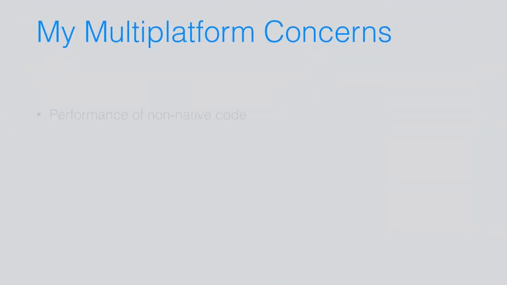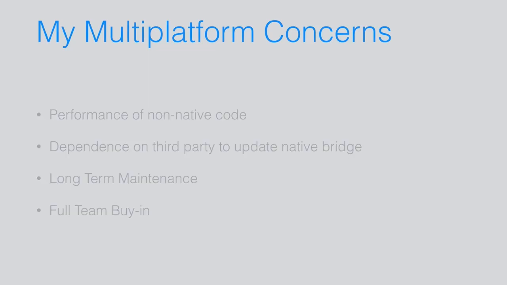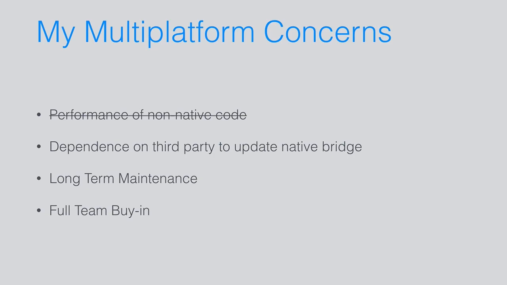So effectively what that means is that the whole non-native code performance concern is basically gone, because what the Kotlin Native compiler is doing is compiling that Kotlin code down to native code through LLVM, just like Swift code, Objective-C code, or C or C++ code. So performance isn't a huge concern. There are still things to consider there, but it's not like using JavaScript or something like that.